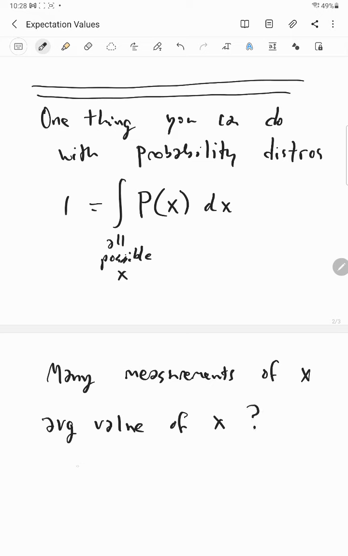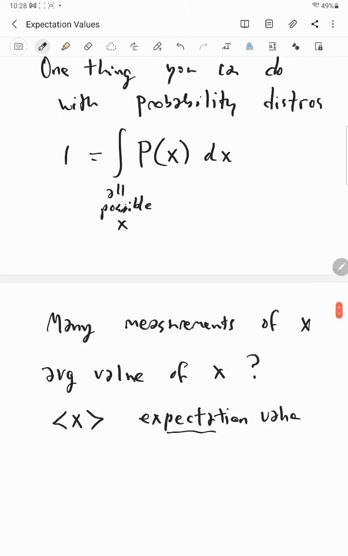So there's a special way to symbolize the average value of x. It's often written this way. This right here is referred to as the expectation value, except that this is kind of a misnomer, because it's not necessarily the value that you would expect from any particular measurement.